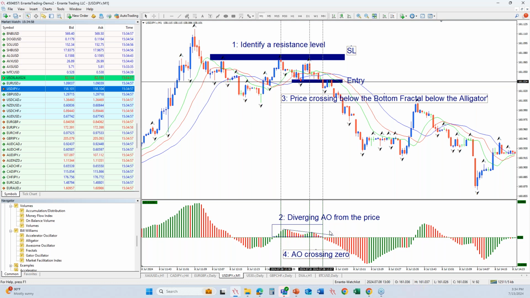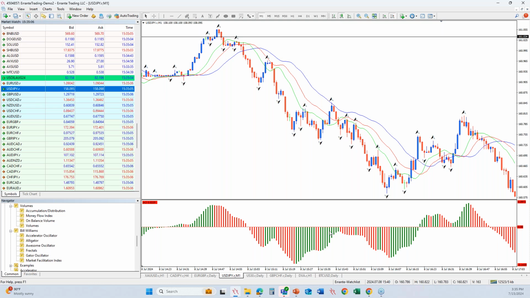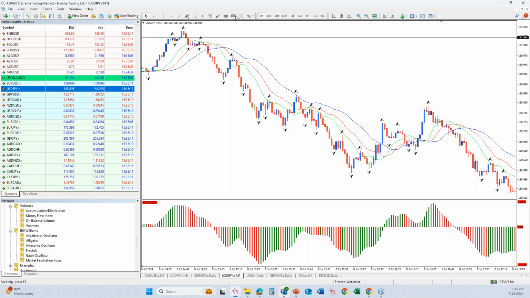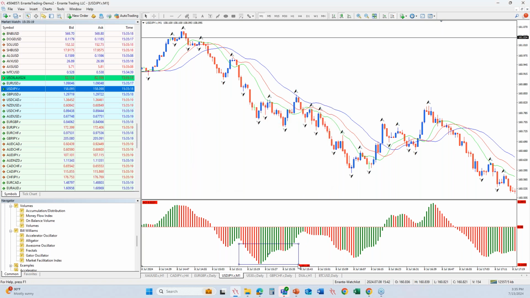And on the other side, you can have a bullish Twin Peak signal. Let's see if we can find something. It's very important, guys, to have the peaks very clearly formed. For example, here you see they're not that clear, and also the market is moving down, so there is a kind of divergence between the price and the AO oscillator, but the price can get out of the alligator's mouth.